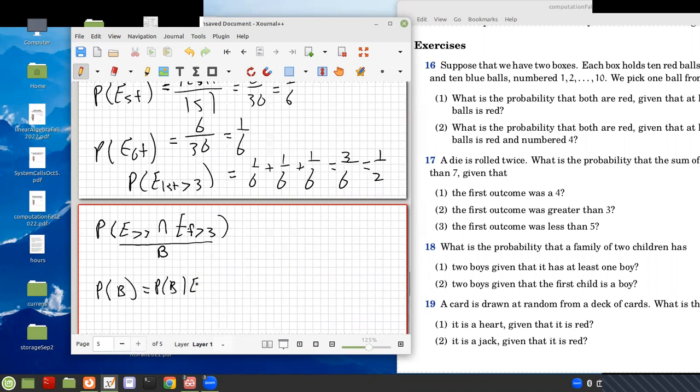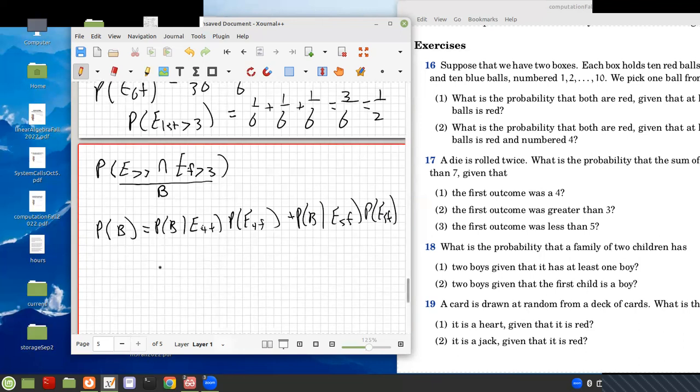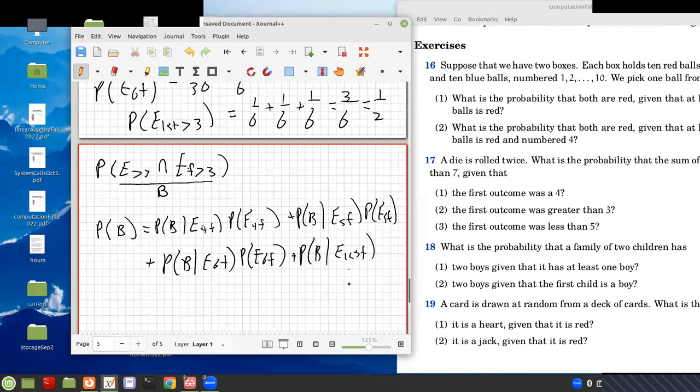Given E4 first, times the probability of E4 first, plus the probability that B occurs given that E5 is first times the probability that E5 is first, plus the probability of B given that E6 is first times the probability that E6 is first, plus the probability that B occurs given that E1, 2, 3 is first times the probability that E1, 2, 3 is first.